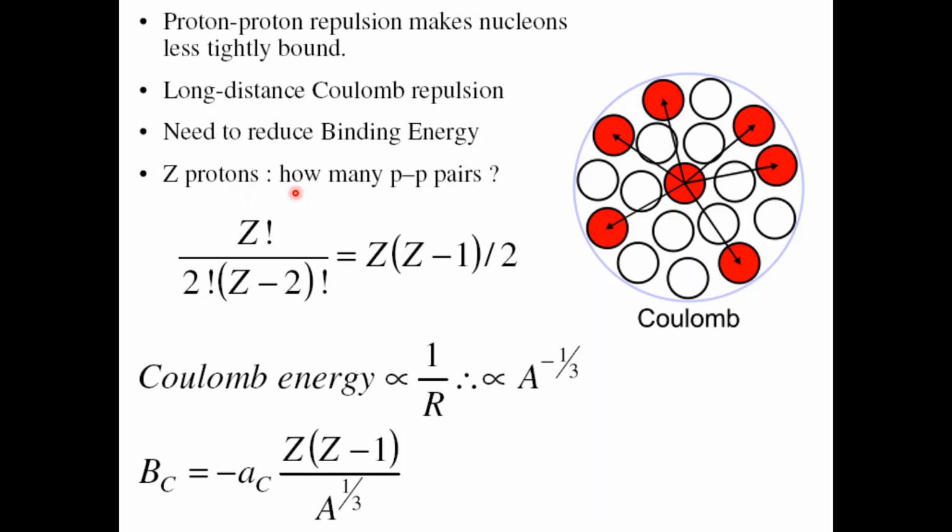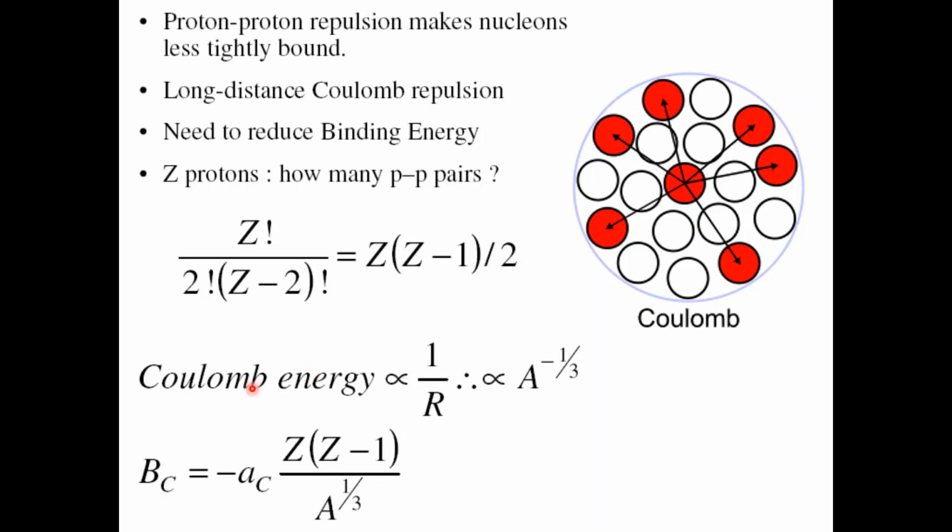The question is, how many proton pairs are there? For that we have to utilize the relation Z factorial divided by 2 factorial into (Z minus 2) whole factorial, which is equal to Z into (Z minus 1) divided by 2. You remember, here we utilize Z for the number of protons.